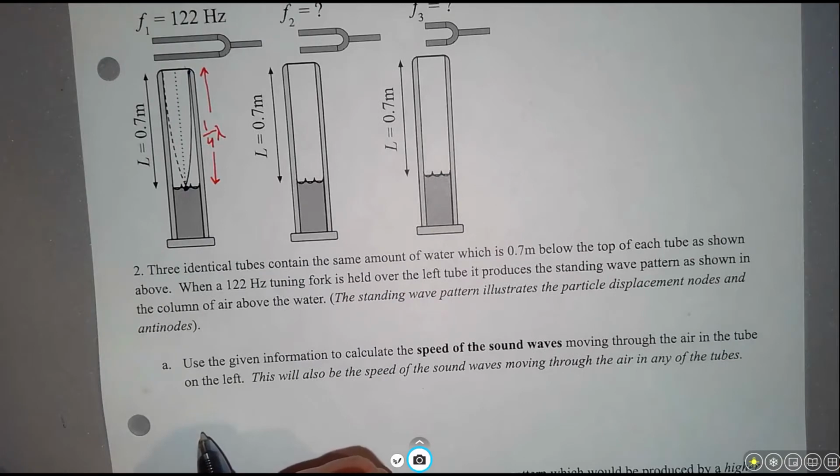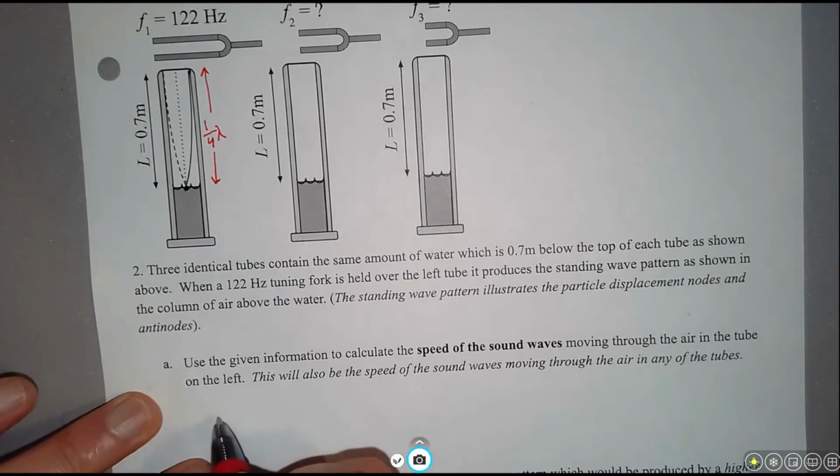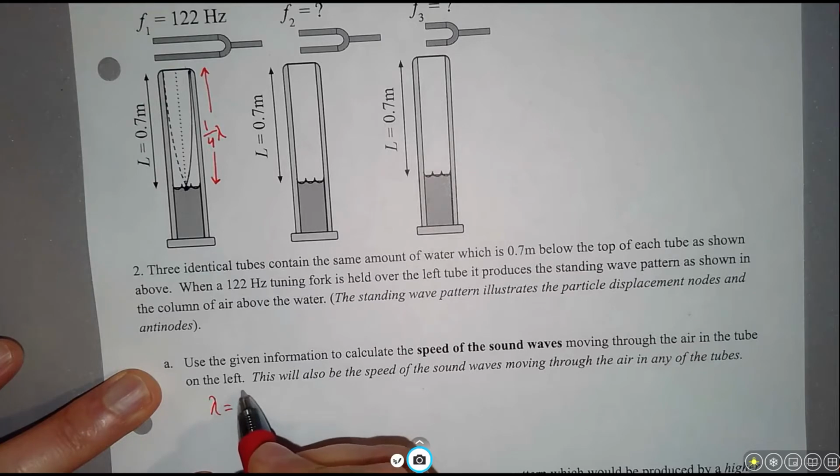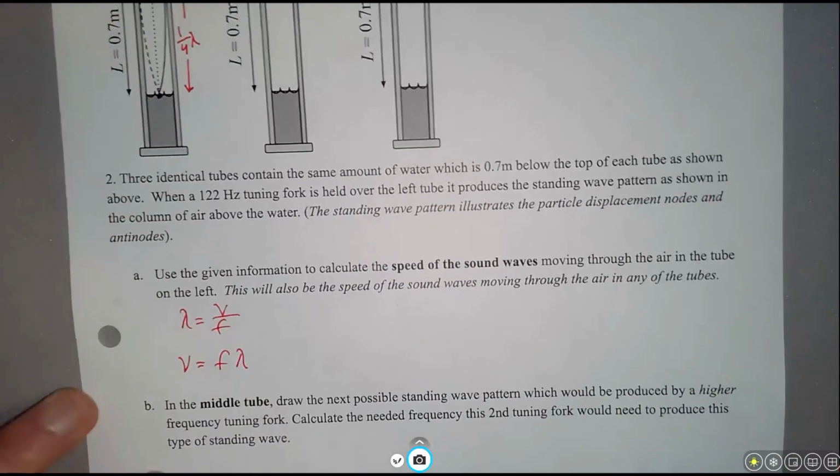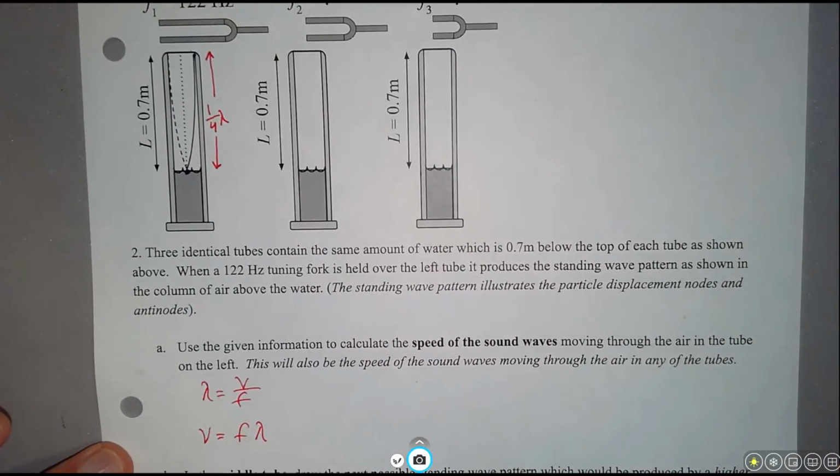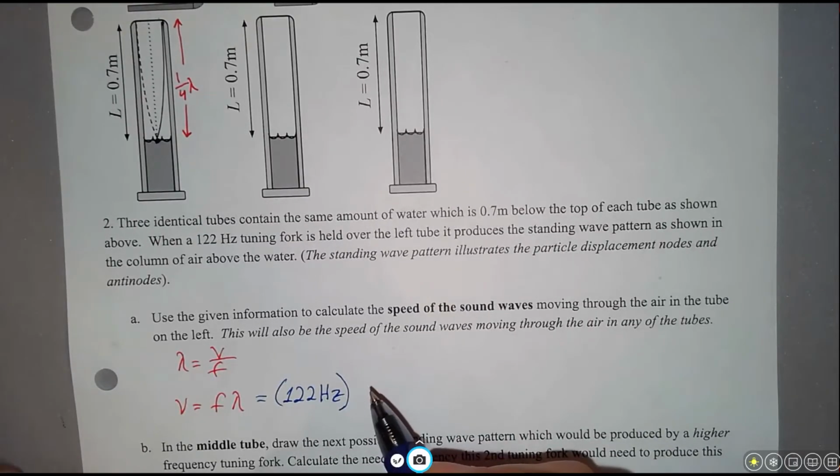If we think back to our last example problem, we rearranged our equation for wavelength and frequency to solve for the velocity. If we just rearrange that equation, we get velocity is equal to frequency times wavelength. So we know there's a 122 hertz tuning fork that's vibrating back and forth at 122 times each and every second.